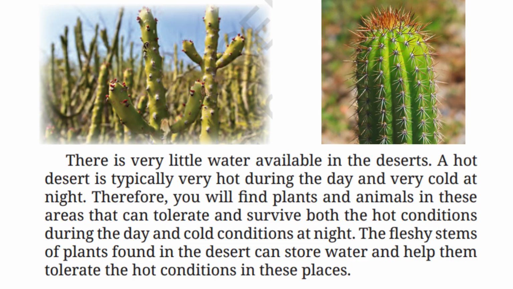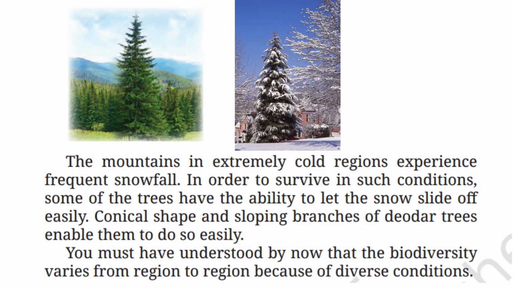The fleshy stems of plants found in the desert can store water and help them tolerate the hot conditions in these places. The mountains in extremely cold regions experience frequent snowfall. In order to survive in such conditions, some of the trees have the ability to let the snow slide off easily. Conical shape and sloping branches of deodar trees enable them to do so easily.